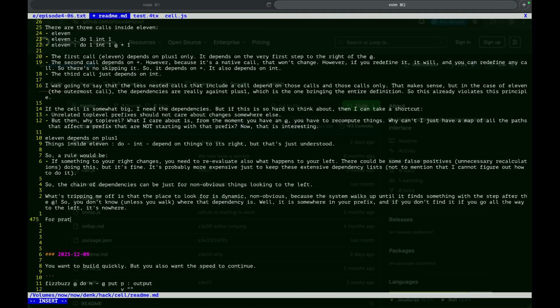For practical purposes, what I need is to know that 11 depends on +1 and recalculate 11 when +1 changes. That's really it.